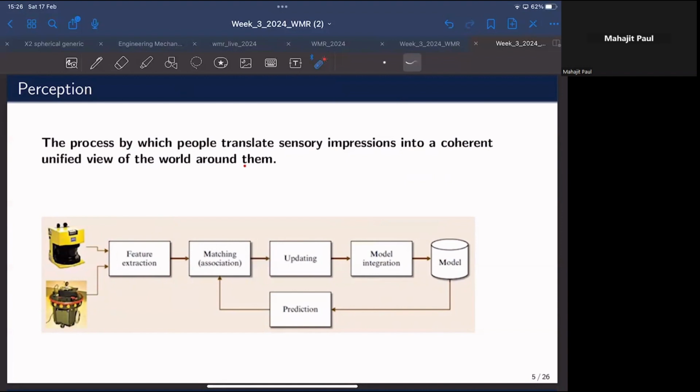If it is sensing something unexpected, it will take some corrective action so that it comes back to the ideal path. Whatever the case, it will incorporate whatever it finds through the features into the model.